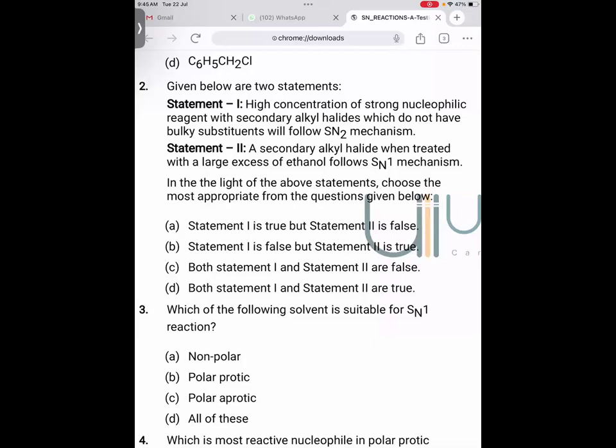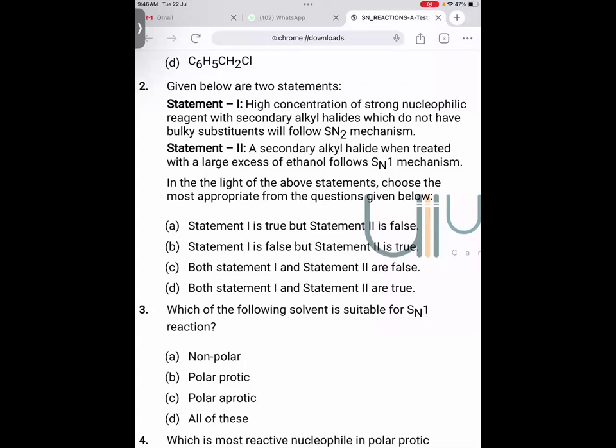We know if it is primary, that will exclusively give SN2. If it is tertiary, then that will give SN1. Tertiary SN1, primary SN2. If it is secondary, that may favor SN1 as well as SN2. So it depends on some other factors. If bulkiness is higher, that will favor SN1.